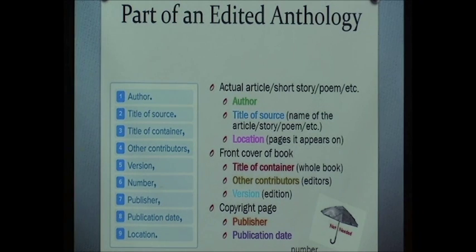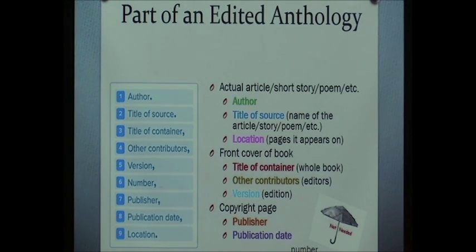All right, so let's imagine that we're looking at that anthology thing we talked about before, a collection, where there might be lots of different authors in my book. Like They Say, I Say, right? So we're still going to look at that list of containers, and we're going to ask, okay, what information do I have? It's always the first question that you ask yourself. So let's say it's a short story, okay?